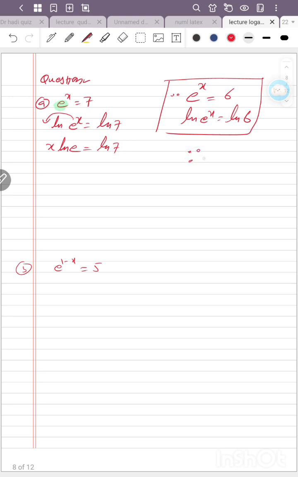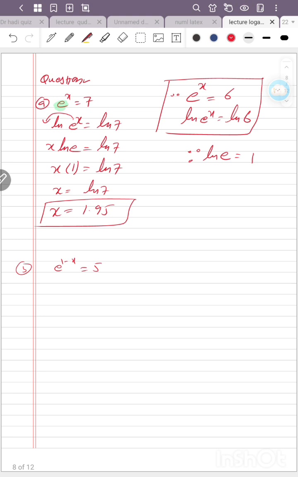Remember that log of e is always 1. So x times 1 equals log of 7. Put this value in the calculator, we got 1.95. This is our answer.